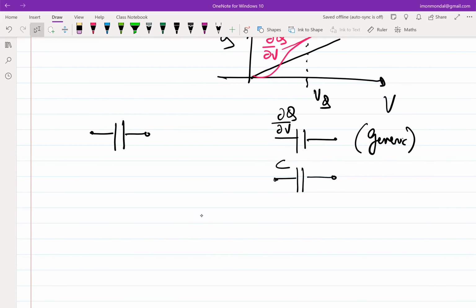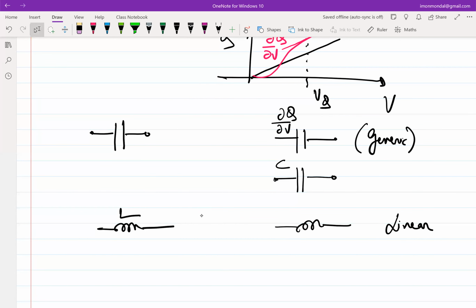Similarly, if you have an inductor of value L, and let's say it's a linear inductor. When I say linear inductor, again, the value of the inductance is not changing when the current is flowing through it, or when a sinusoidal voltage, or any voltage, is developed across it.